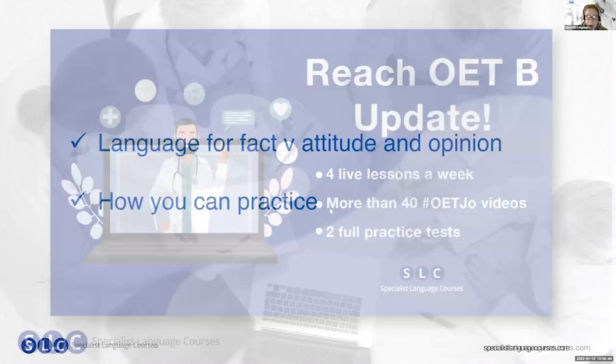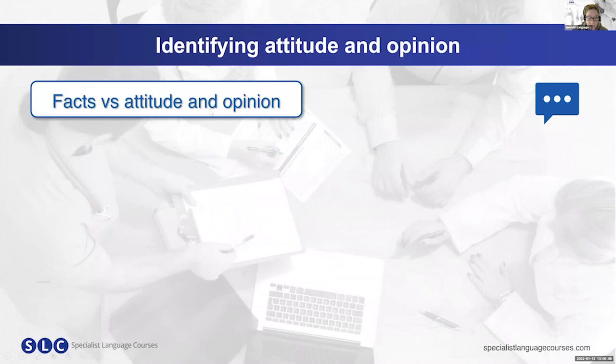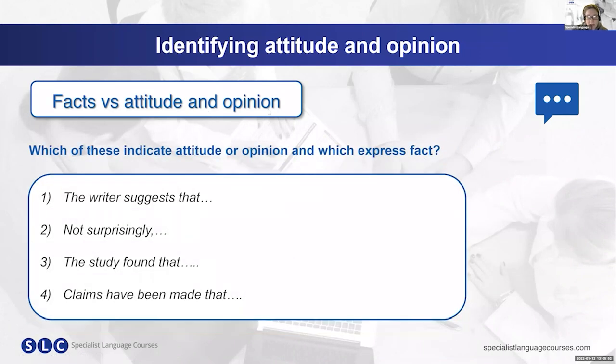So we're going to look at language for fact and language for attitude and opinion. So first of all, in the chat box, let me know which of these phrases indicate attitude or opinion and which ones express fact. So write the numbers in the chat. So let's start with attitude and opinion. What numbers do you think?